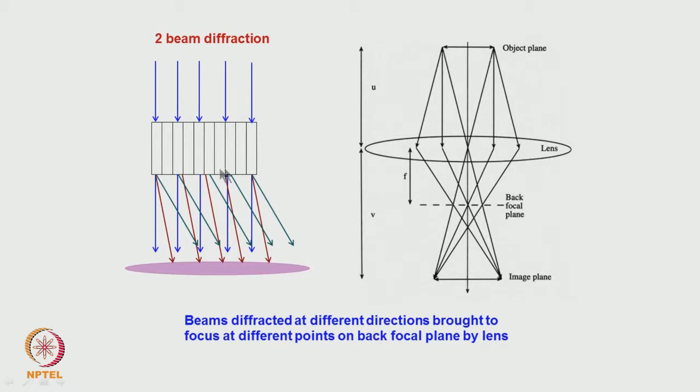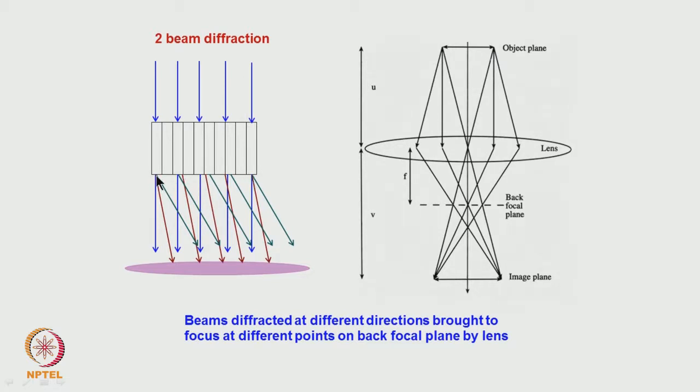If you look at the back of the sample, essentially what we get is a variation in amplitude of the transmitted beam, which is transmitted in the same direction in which the beam has entered. Similar to this, in the scattered direction also there is going to be variation.